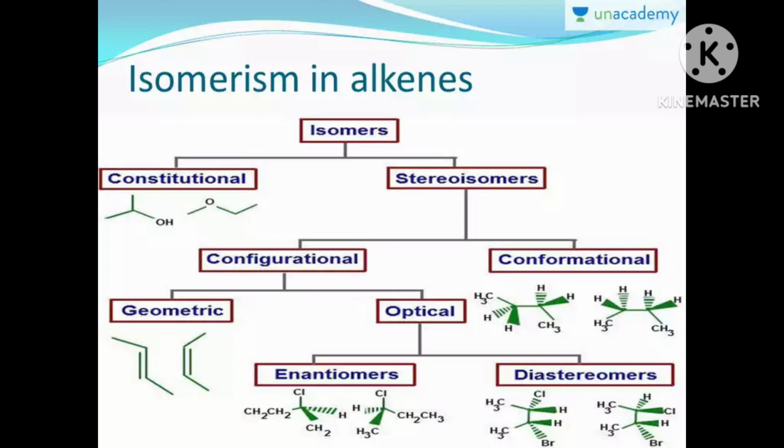Correct? Then here, how will you do the nomenclature? The total number is 10, so you have to use the word dec. Because the long chain has a double bond, ending in ene, finally you have to write carbon number 4.